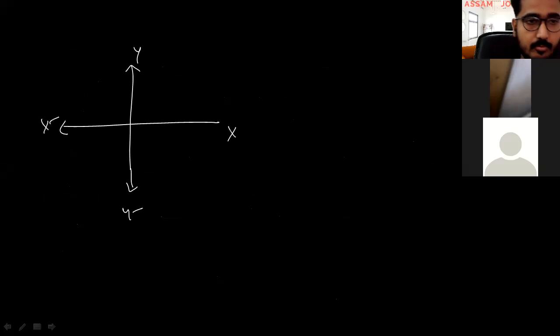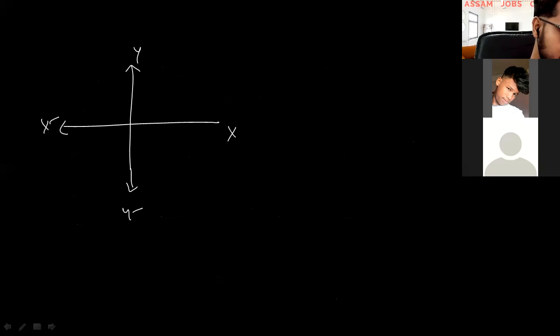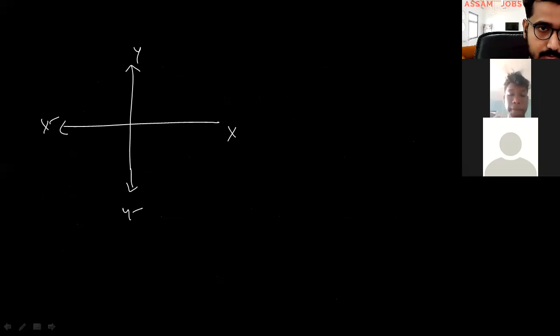If you notice the second graph, suppose this is y dash, this is x dash, this is x. When you plot the values for finding the graph of this quadratic polynomial, you will get a parabola like this, and it cuts at a and a dash.